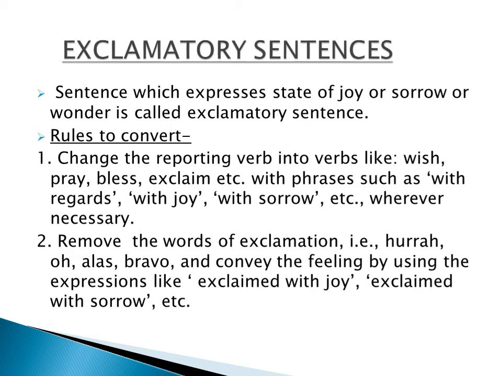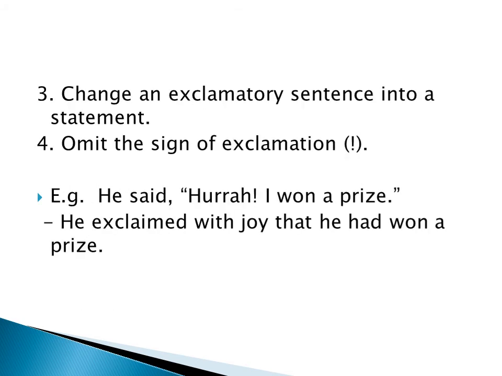Remove the words of exclamation, that is hooray, oh, bravo, and convey the feeling by using expressions like exclaimed with joy, exclaimed with sorrow, etc. Change an exclamatory sentence into a statement in the end. Omit the sign of exclamation.